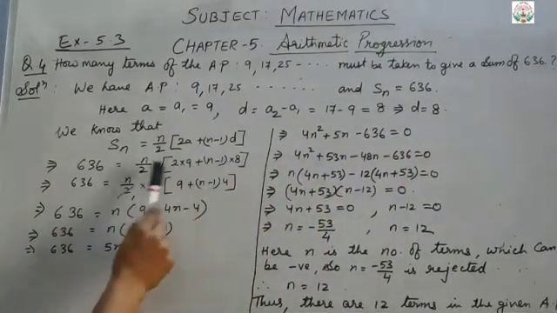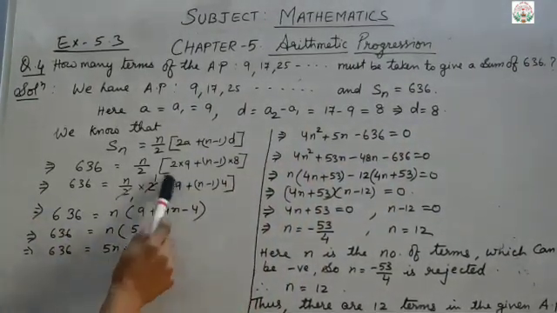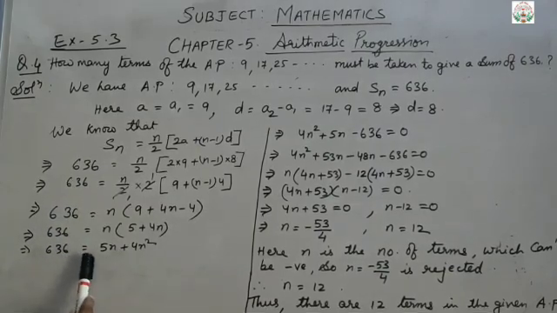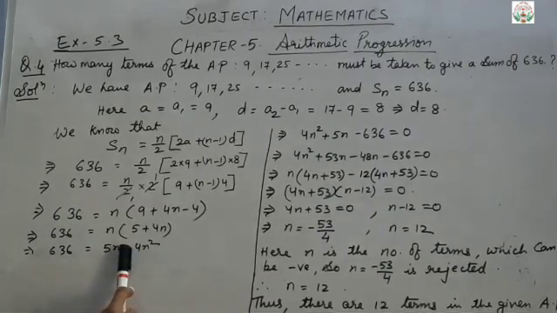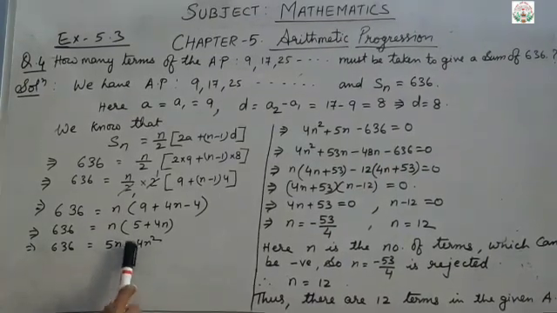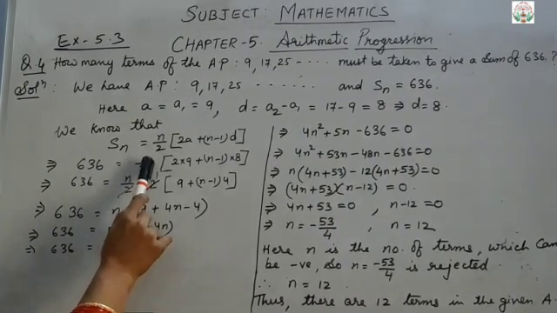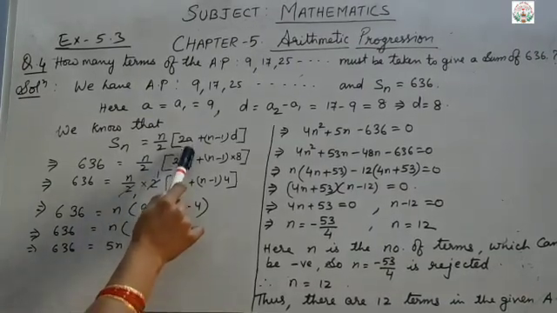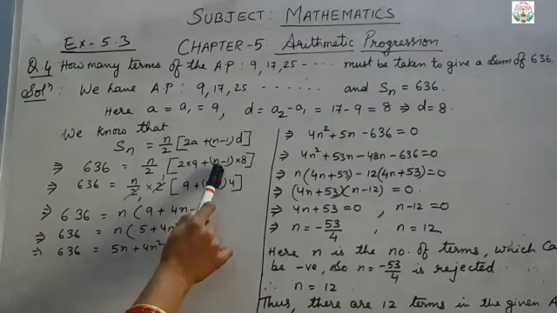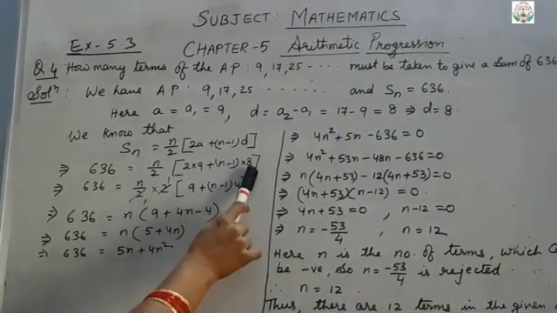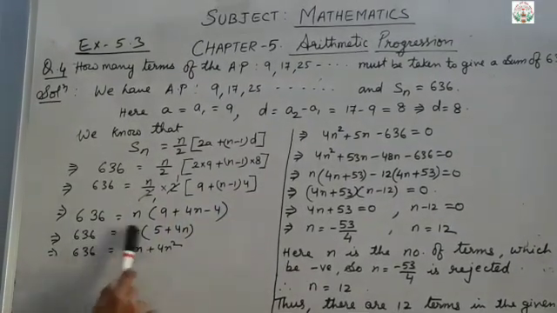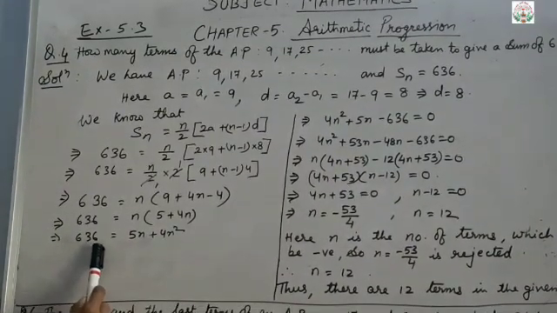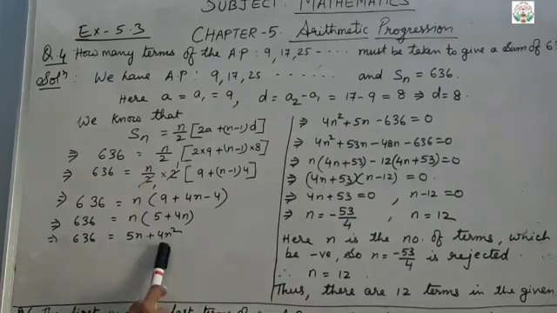When we put and solve, we get 636 equals 5n plus 4n square. How did it come? n is not given, we have to find n, so leave it as it is, and here 2 into 9 plus (n minus 1) into 8, as the d value is 8. On simplification of this, you will get 636 equals 5n plus 4n square.